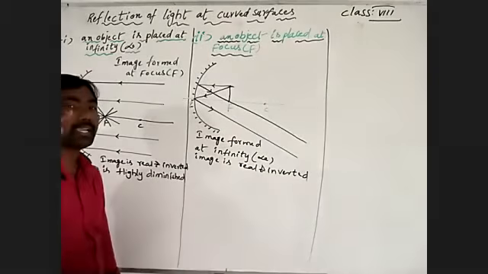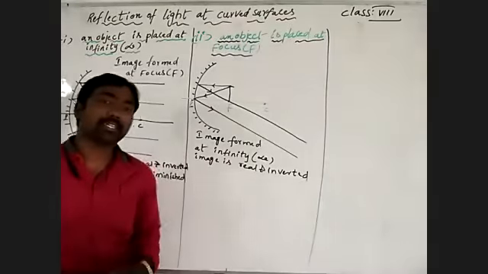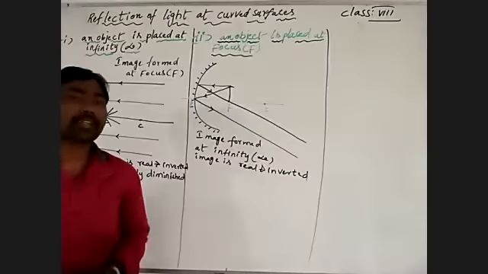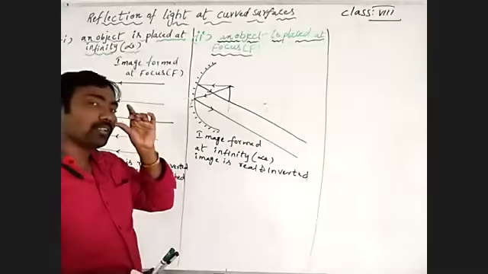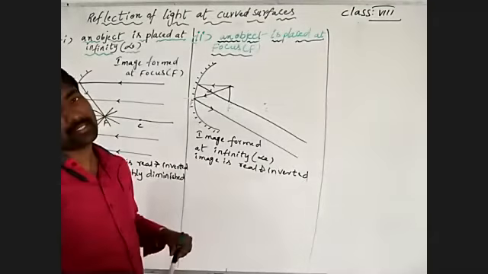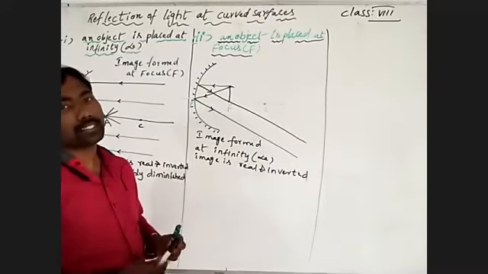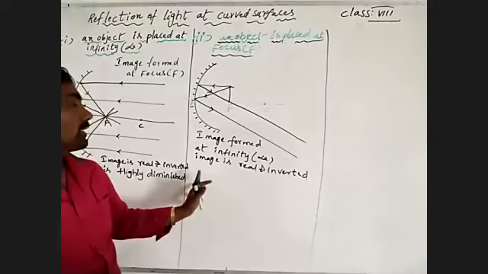Generally, it is highly enlarged, which means the size is increased. But because it is formed at infinity, the image size is unpredictable. So we are not considering the image character.